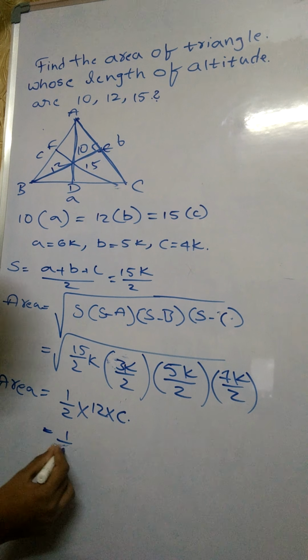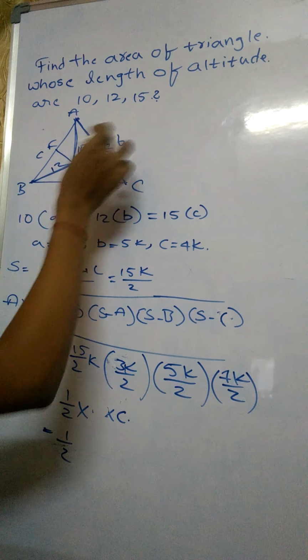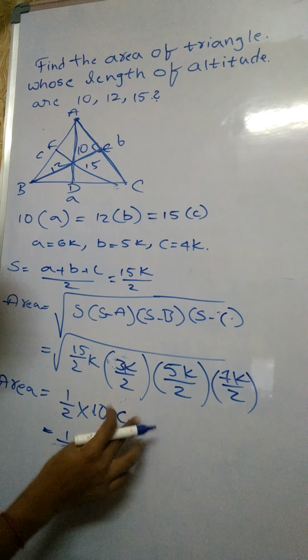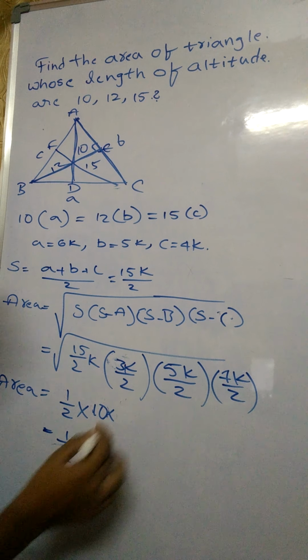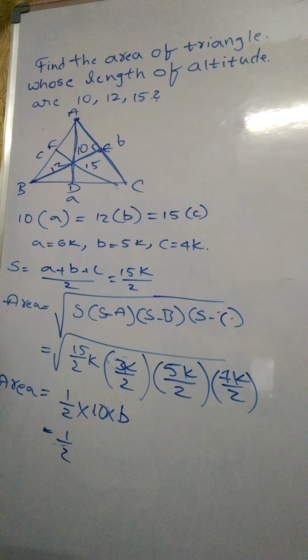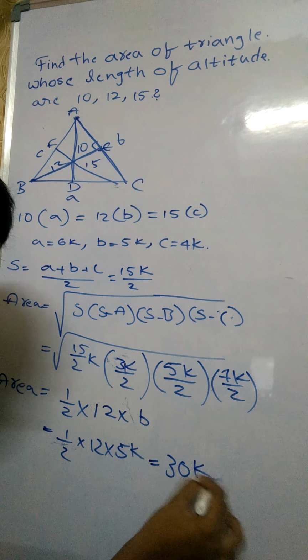Or else we'll take BE, length 10, into b. This is equal to 30K.